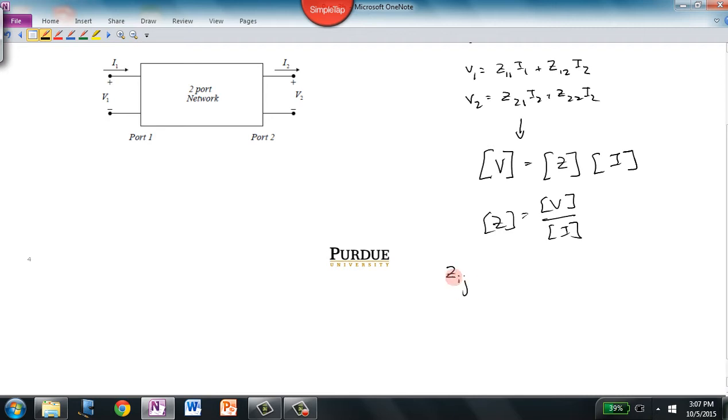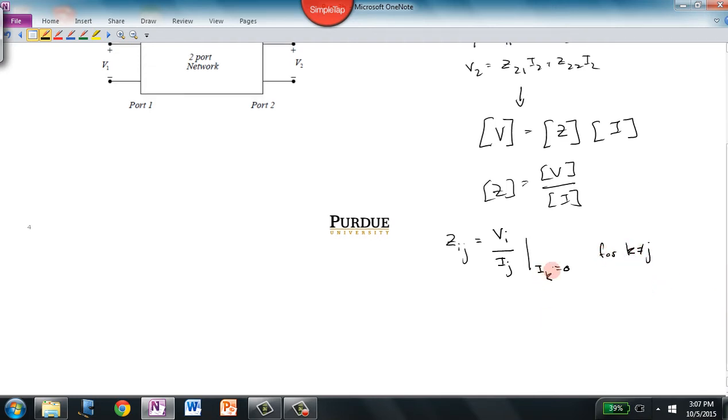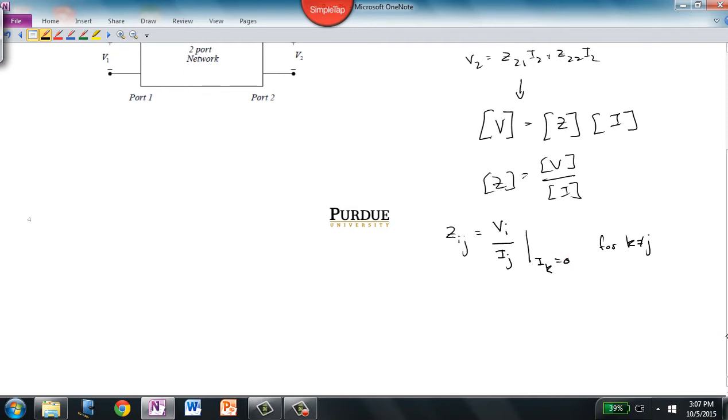The impedance parameter Zij is equal to the voltage at port I divided by a current that's injected into port J when all other ports in the network are open circuited. That's the key to this: all other ports. So IK equals 0, meaning there's no current flow, for K not equal to J. We're just saying we open circuit all the other ports.